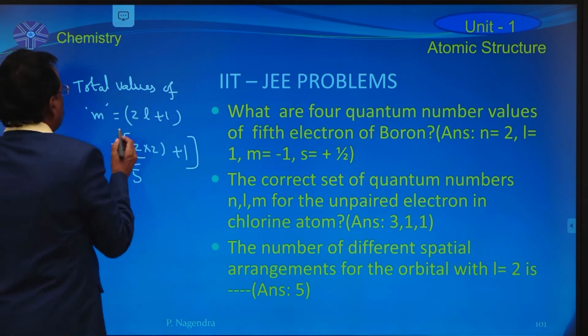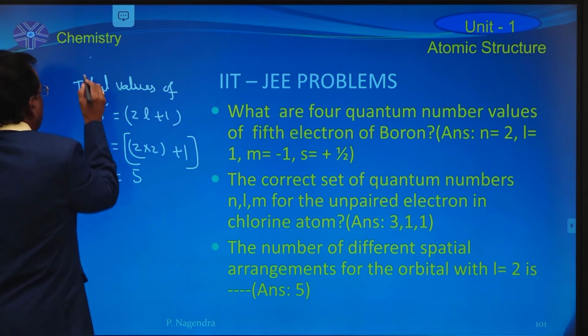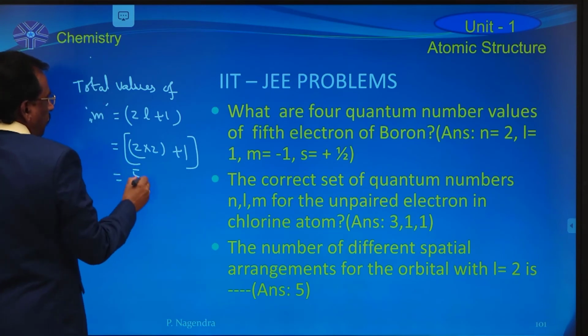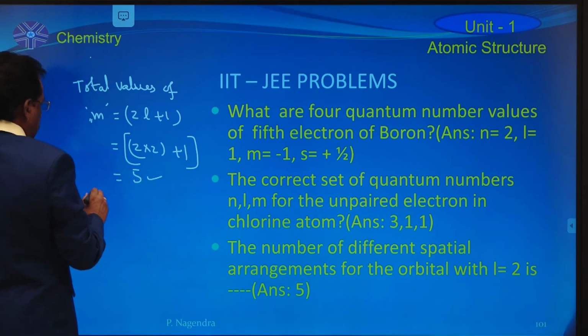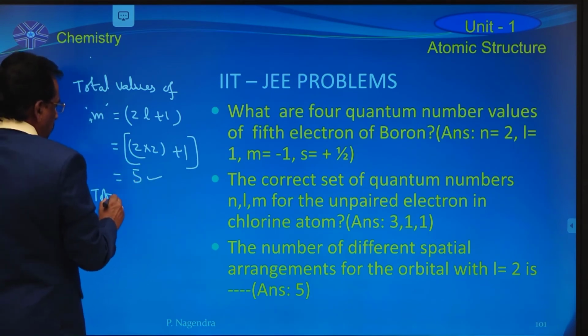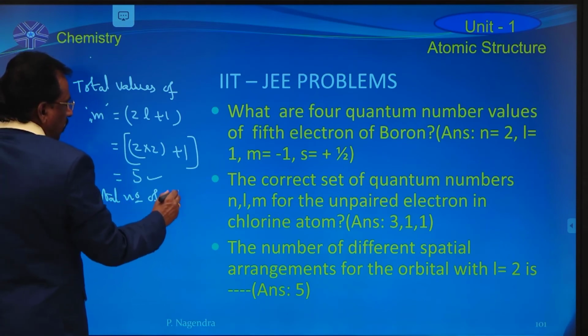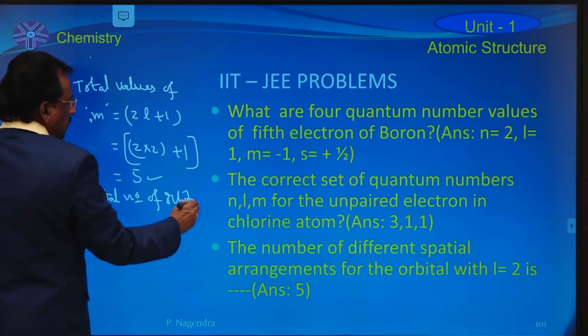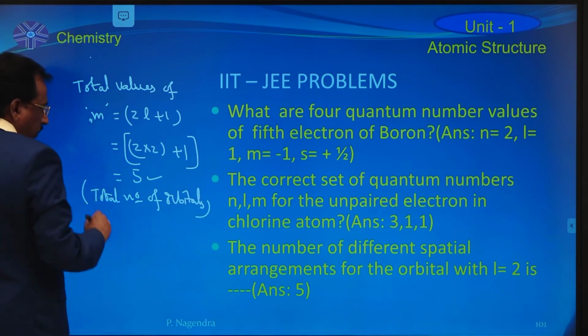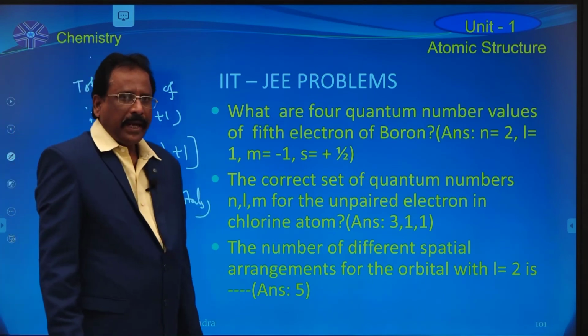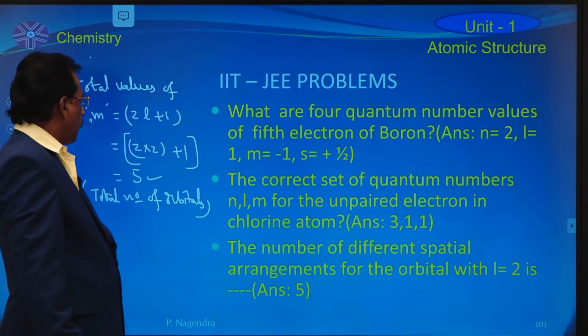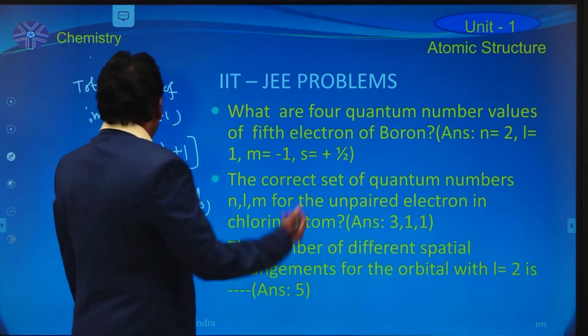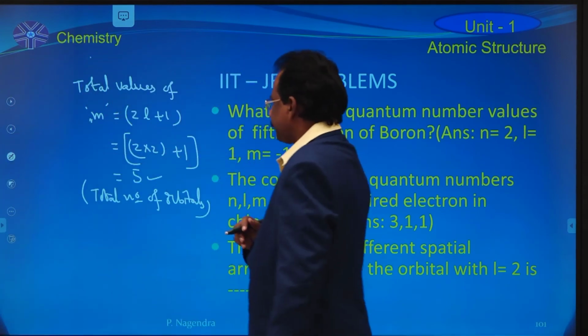So the total values of m indicate the total number of orbitals. This is nothing but the total number of orbitals, that means spatial orientations. So according to the magnetic quantum number concept, the total values of m is equal to 2l plus 1.